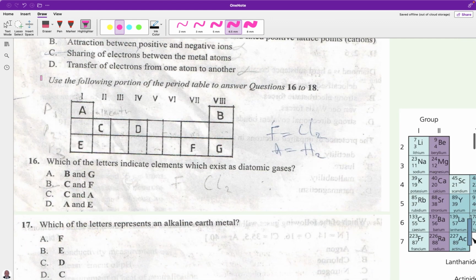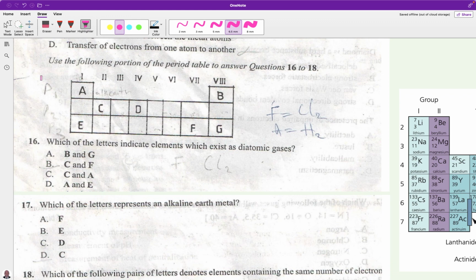If we go to questions 16 to 18, these are very complex, as you might see. In this question, we are told to use the following portion of the periodic table to answer questions 16 to 18.